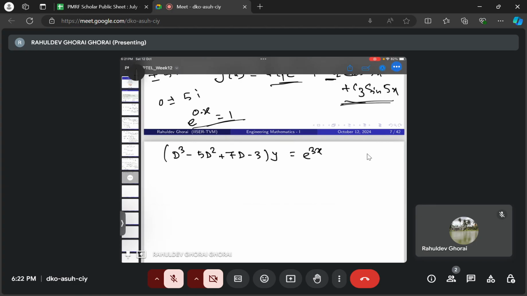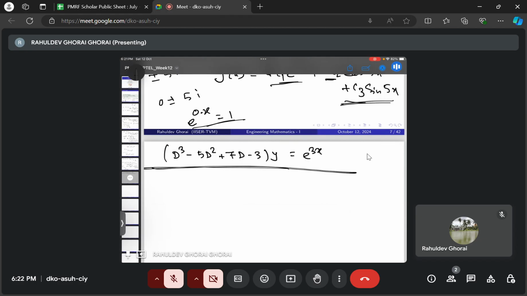But how do you evaluate the particular integral or particular solution? The solution for this differential equation will be the addition of those two.